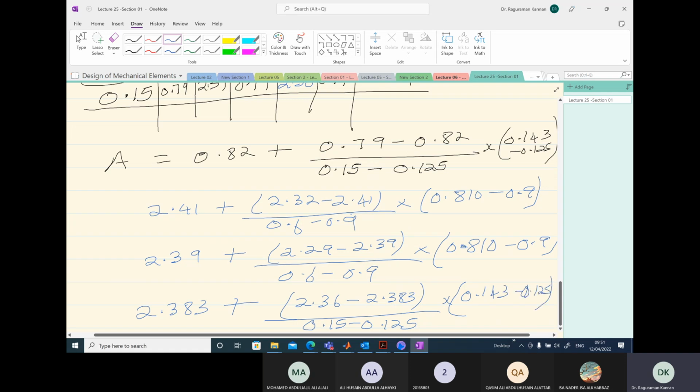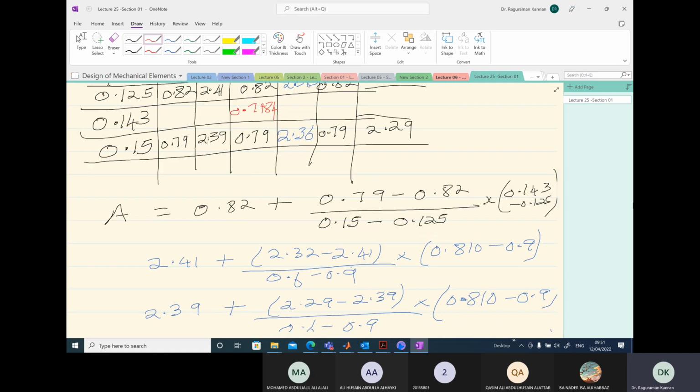Okay, so this interpolation will give us the value which we require.